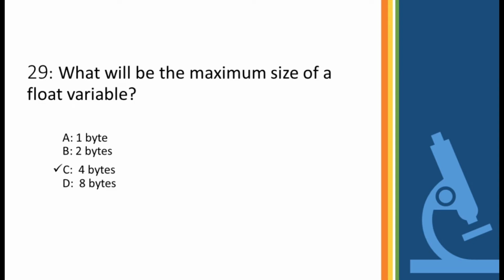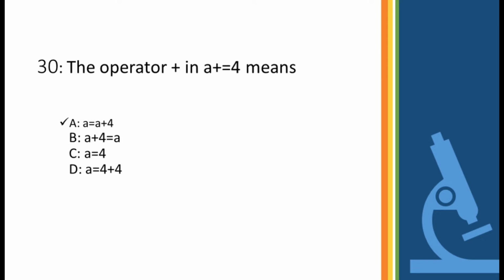What will be the maximum size of the float variable? The correct answer is C, 4 bytes. The operator += in a += 4 means... The correct answer is A, a = a + 4.